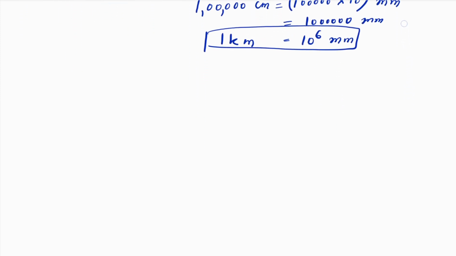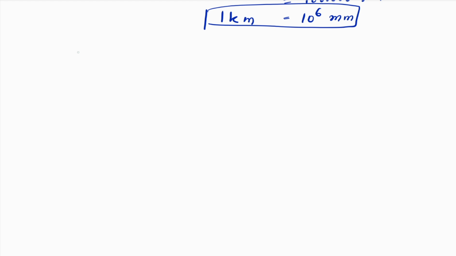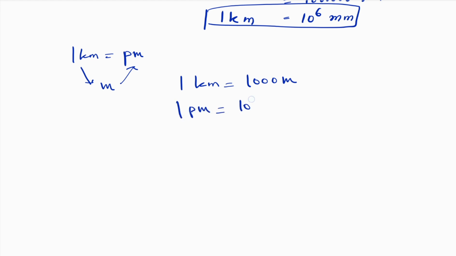I hope this is clear to everyone. So let's convert 1 kilometer into picometer. This is very easy. Once again, 1 kilometer should be converted to meter and meter should be converted to picometer directly. We know that 1 kilometer is equal to 1000 meter, and 1 picometer is equal to 10 raised to power negative 12 meter.